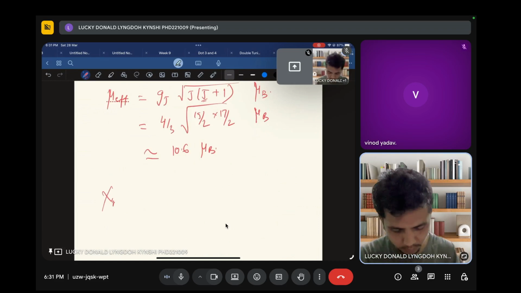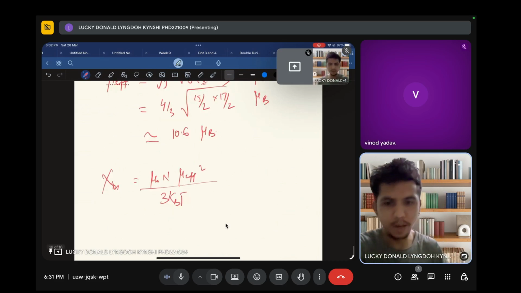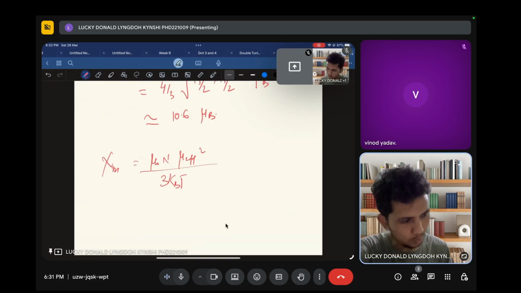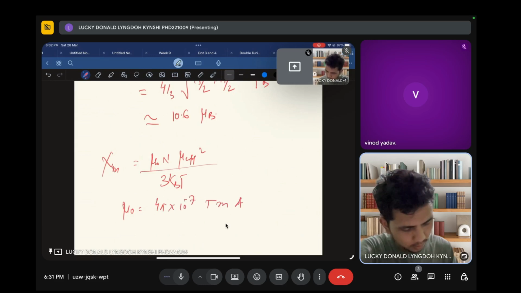We get chi m equal to mu naught n mu effective squared divided by 3 kBT. Now you can substitute back into your final equation, where mu naught is equal to 4 pi into 10 to the power minus 7 in SI units.